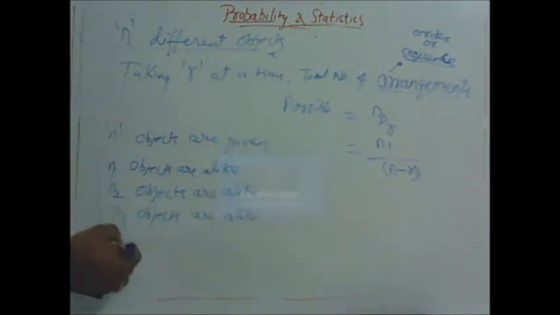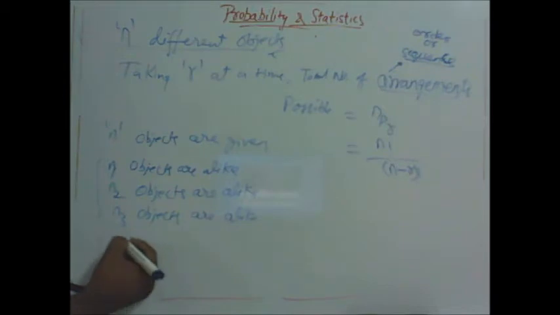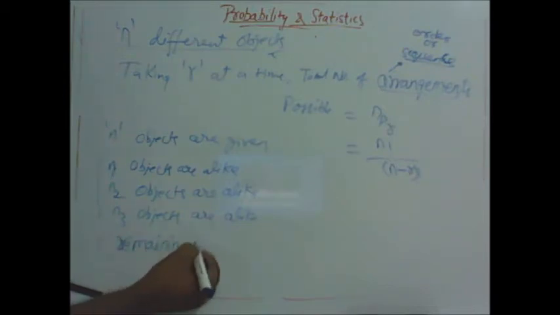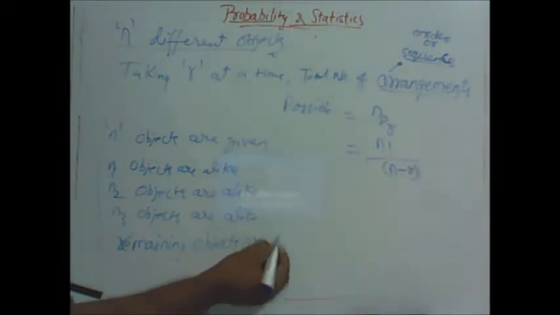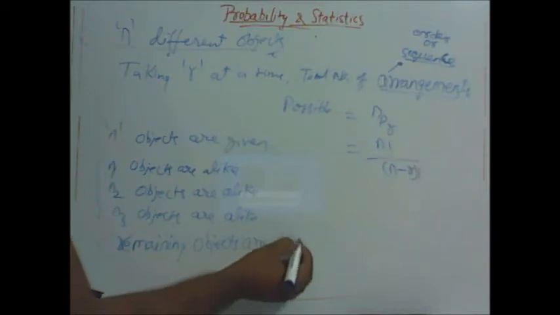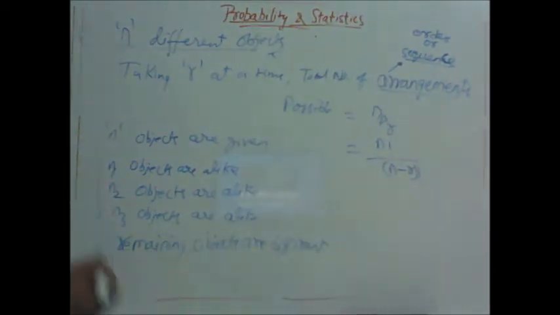These all n1, n2, n3, and the remaining objects are different, they are distinct. So constituting all these elements, we will get n objects.